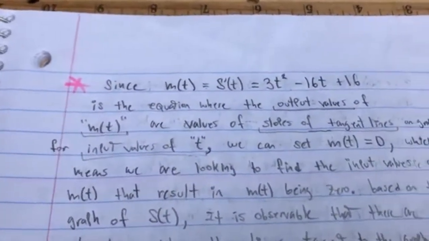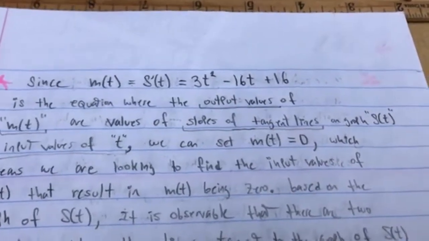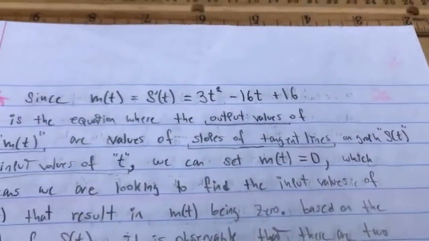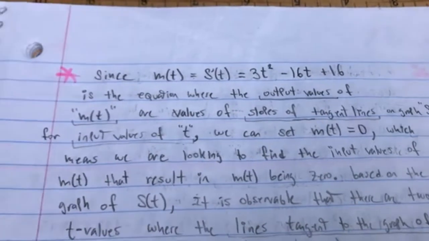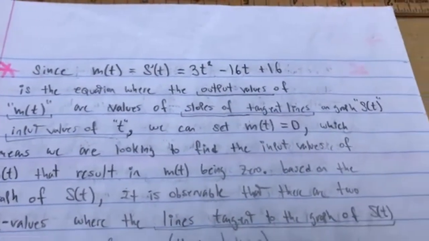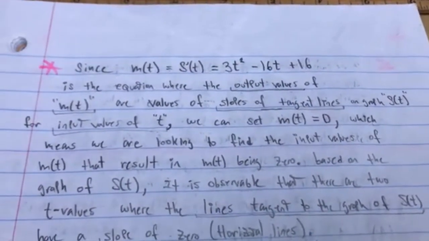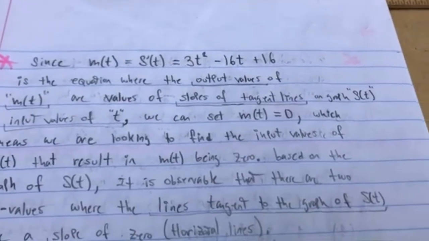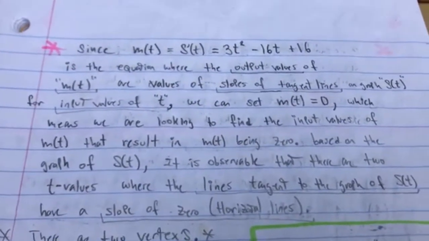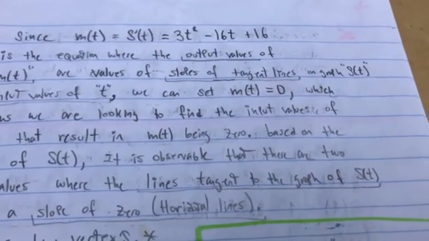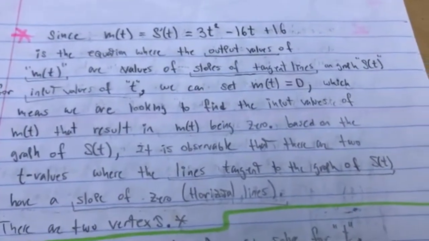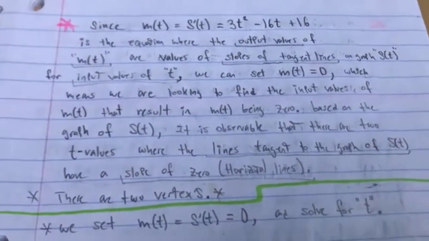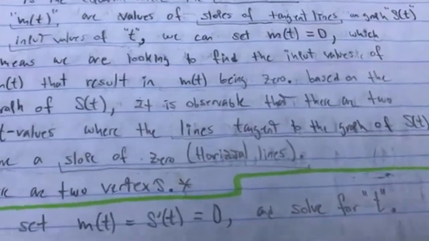For input values of t, we can set m(t) equal to 0, which means we are looking to find the input values of m(t) that result in m(t) being 0. Based on the graph of s(t), it is observable there are two t values where the lines tangent to the graph of s(t) have a slope of 0, horizontal lines.